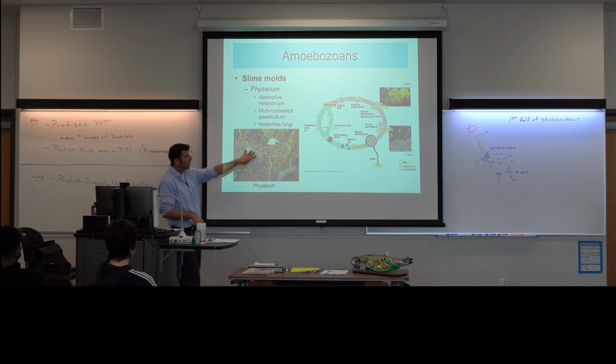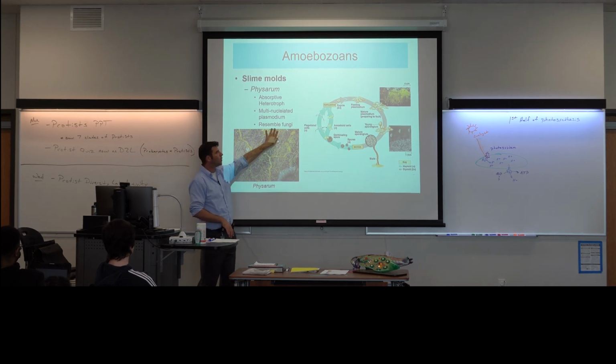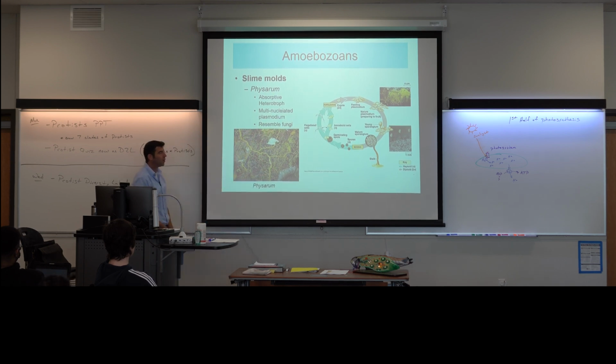And if it starts to wander in a direction where there isn't any nutrients, then it will dry up, and cytoplasm will instead flow in the direction wherever there are the most nutrients. So it grows in a structure that looks a lot like fungus. So it was originally mislabeled as a fungus.